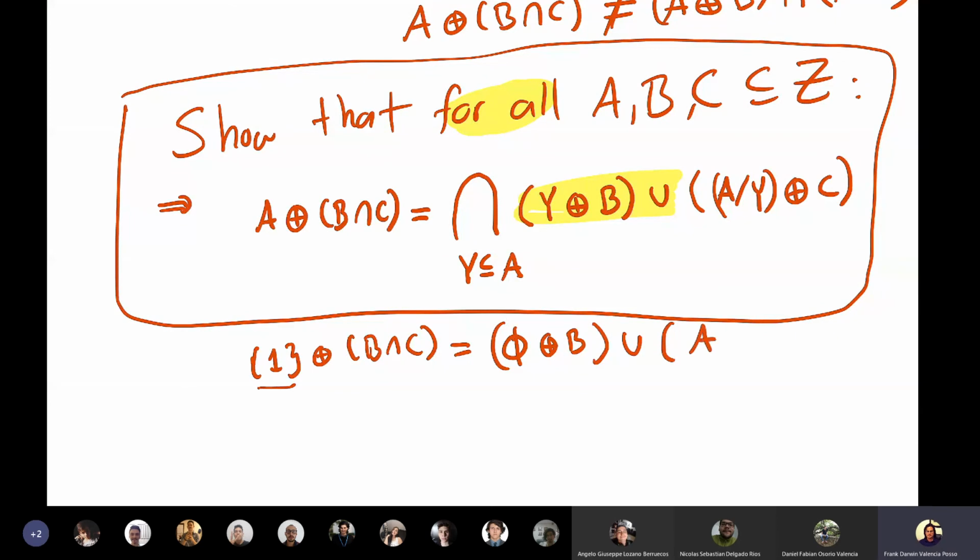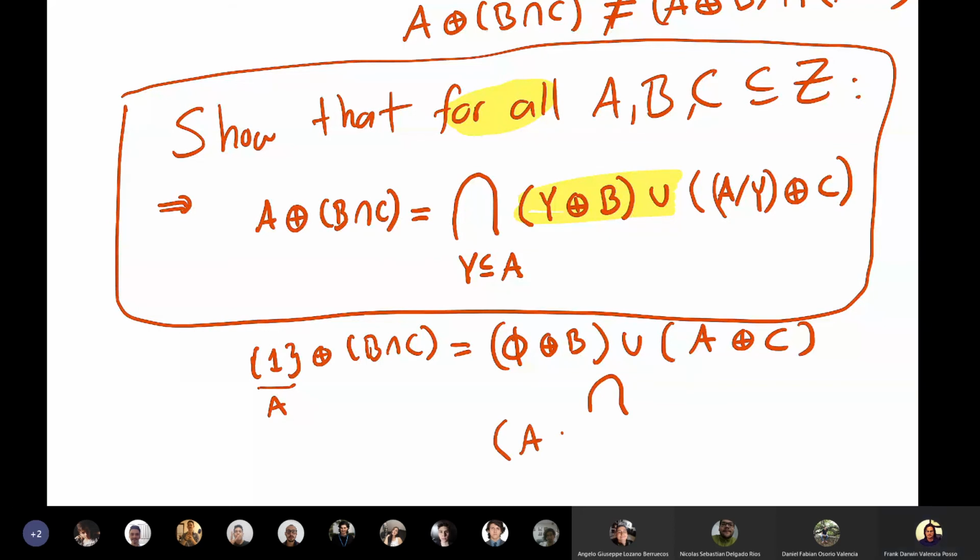Este es A, más C, intersectado con el otro caso. Ahora Y es A. Entonces, ¿qué me queda aquí?